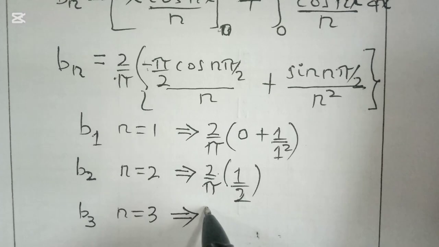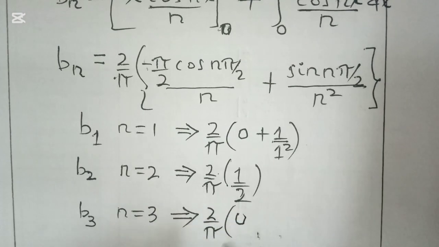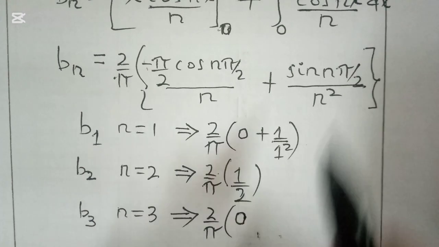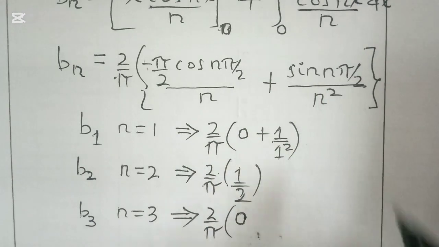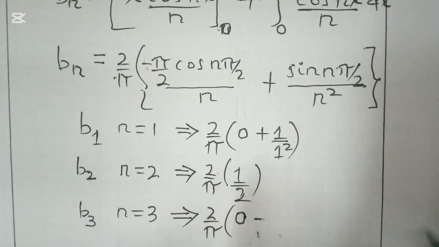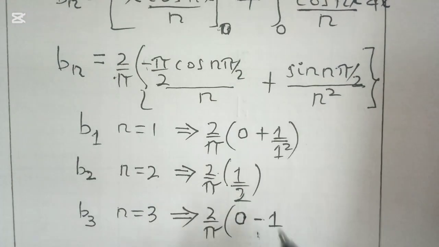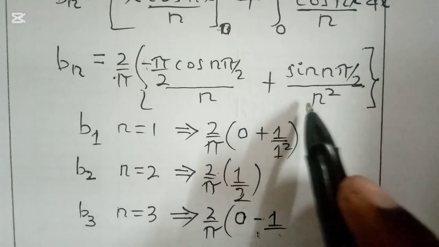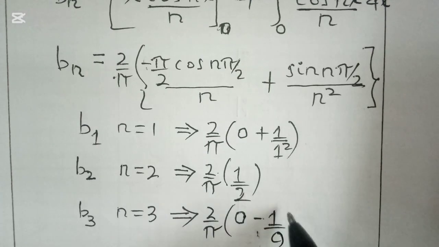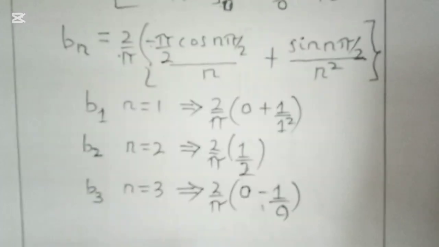So we are going to have 2 over pi, then we have 0. Then for sine 270, it gives us negative 1. So we are going to have negative 1, and this one is now going to be 3 squared, which is 9. So guys, we are going to have like that.